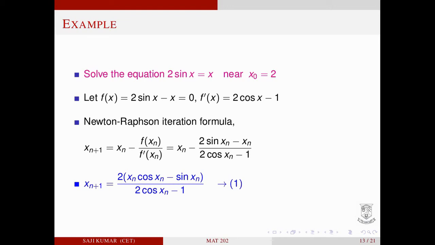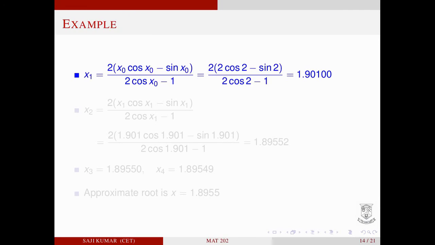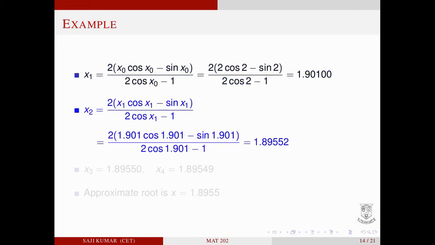In this simplified formula for xn plus 1, we are substituting n is equal to 0, 1, 2, 3, etc. If we put n is equal to 0, we get x1 is equal to 2 into (x0 cos x0 minus sin x0) by (2 cos x0 minus 1). Putting x0 is equal to 2, we get the first approximation as x1 is equal to 1.901. And again using this x1 as the first approximation, we get the next approximated value x2 is equal to 2 into (x1 cos x1 minus sin x1) by (2 cos x1 minus 1).